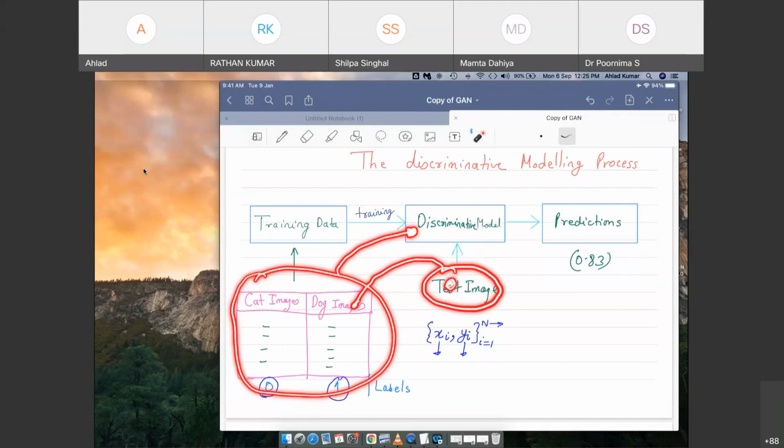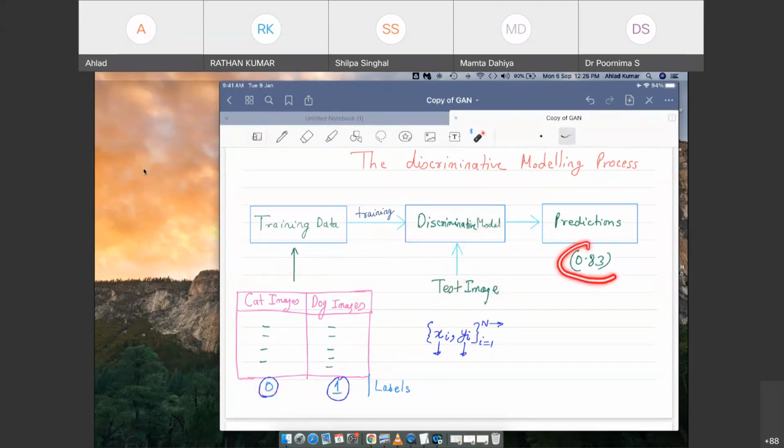The test image is fed into the discriminative model to get the predictions. So 0.83 corresponds to the prediction from the test image. This is a general high-level overview of the discriminative model, which most of you must know, because it is the first thing you encounter when you study machine learning tasks.